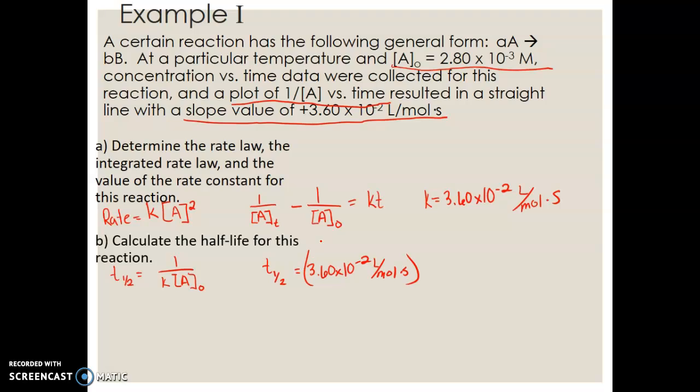And then the initial concentration, which we were given in the problem, is 2.80 times 10 to the negative third molar. So that is 1 over 1.008 times 10 to the negative fourth 1 over seconds, which then translates into 9,920 seconds.